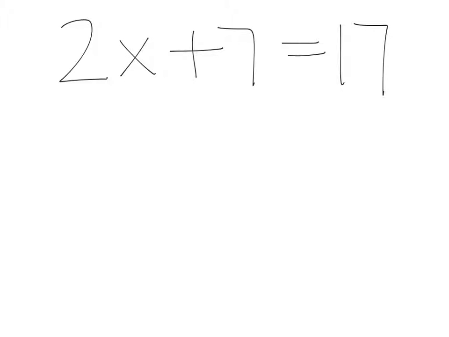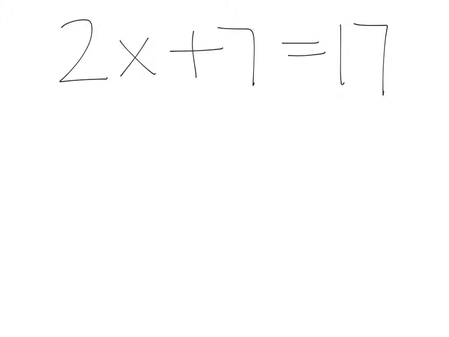Let's do two quick examples of two-step equations. We will start out by doing one together, and then we'll have another one that I will let you work on by yourself and then help you through it. The first one that we'll do together is 2x plus 7 equals 17.